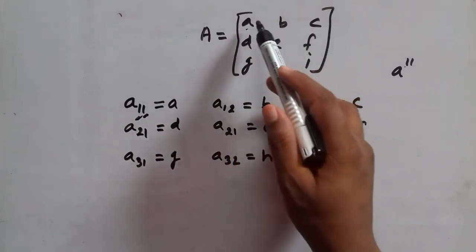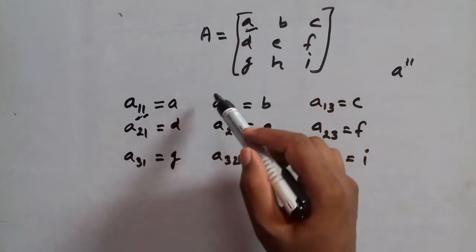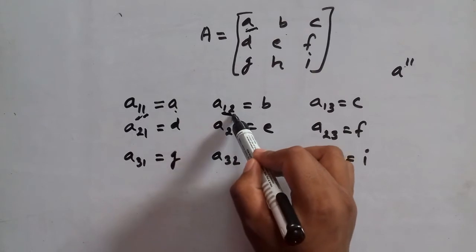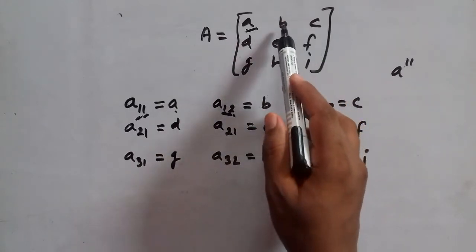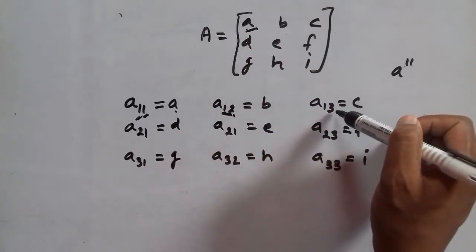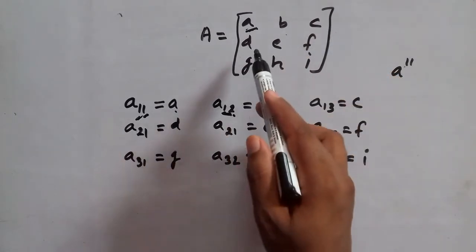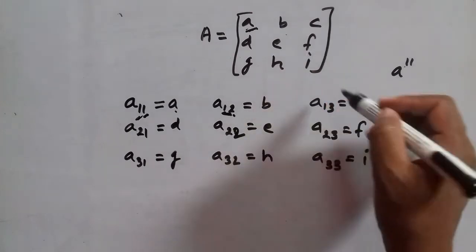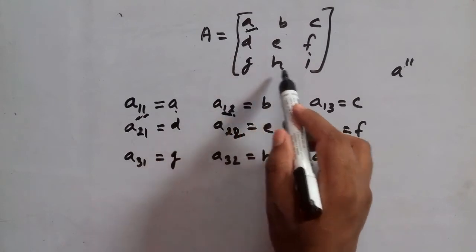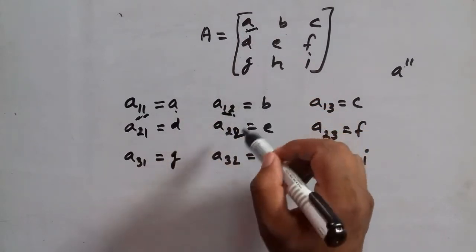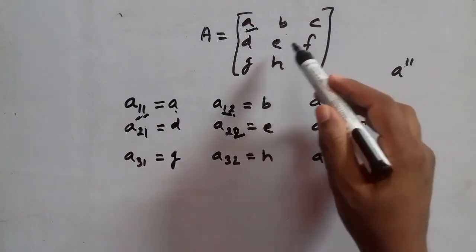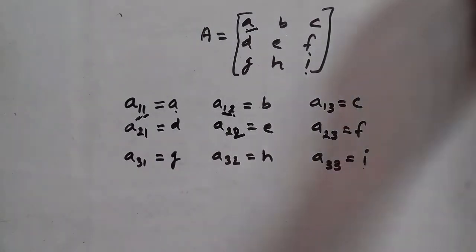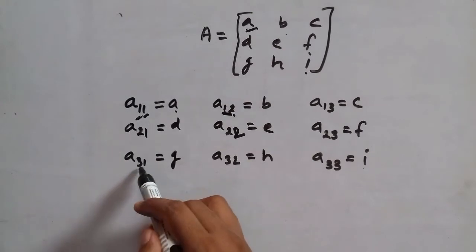The element of first row and first column is A, and this represents the element of first row and second column, which is B, and first row and third column is C. Similarly, second row first column is D, second row second column is E, and second row third column is F. Third row first column is G, third row second column is H, and third row third column is I. In this way we can denote elements of a matrix by letters with their position.